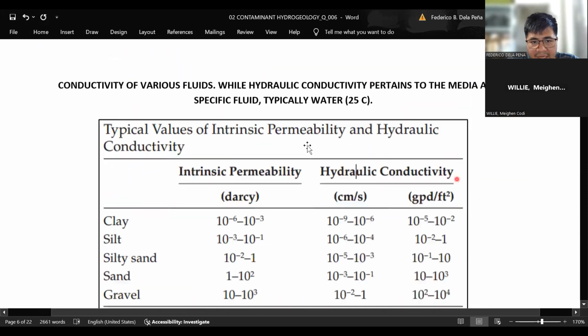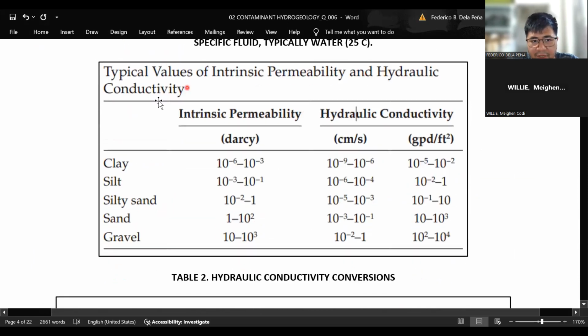If you go back to the table of hydraulic conductivity, you will see that clay has the lowest hydraulic conductivity possible of all the soils. It's basically 10 to the negative 9 to 10 to the negative 6 centimeters per second.